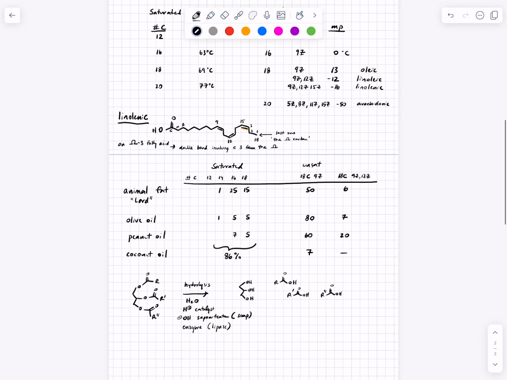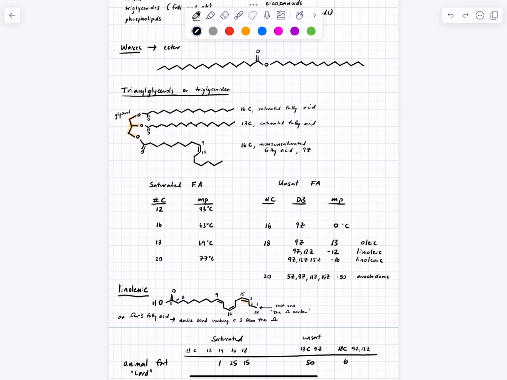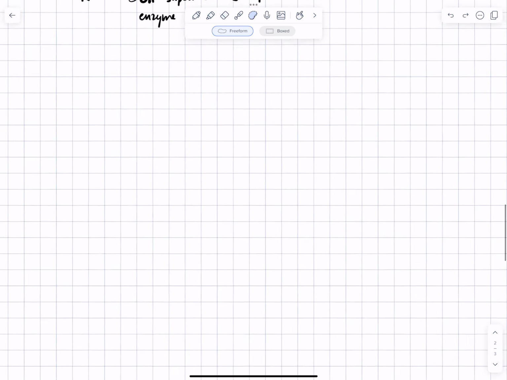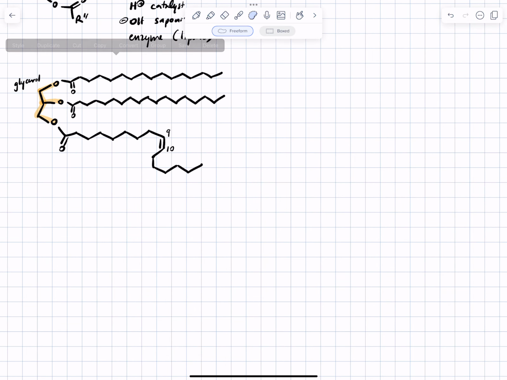Some other things that can occur with fatty acids, and I'm just going to copy this structure of a triacylglycerol because it's got a single double bond in it. This is an unsaturated triglyceride.